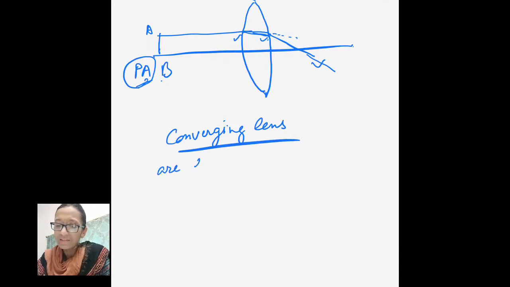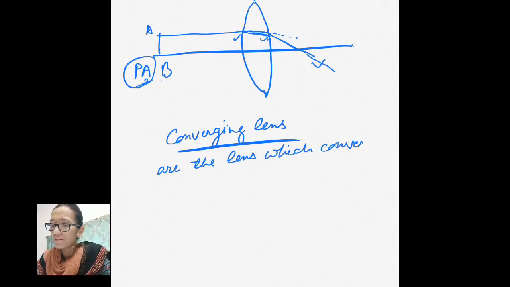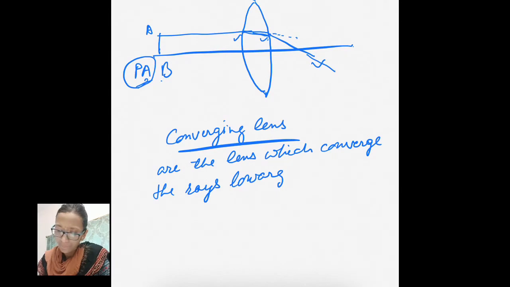Are the lens which converge the rays towards, let me delete, towards principal axis.